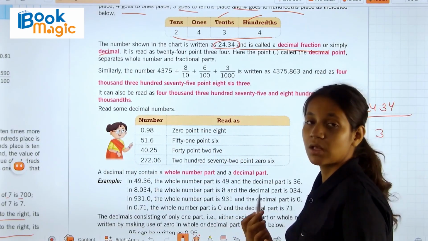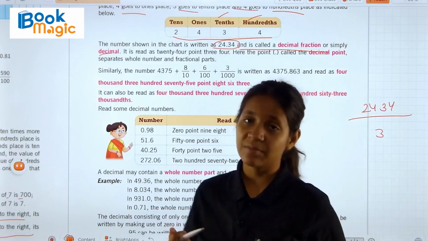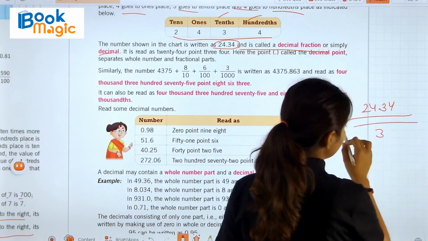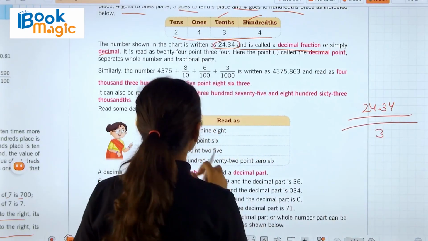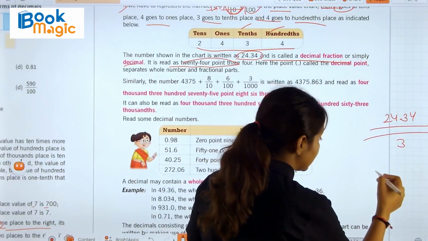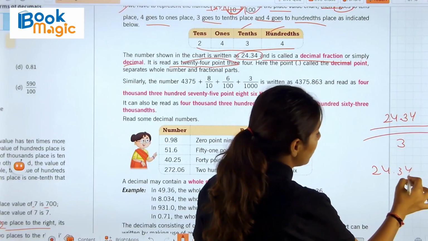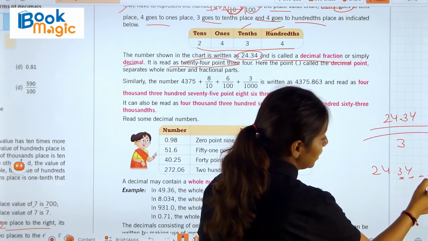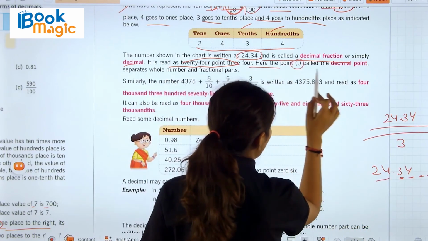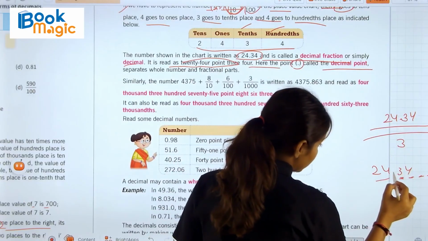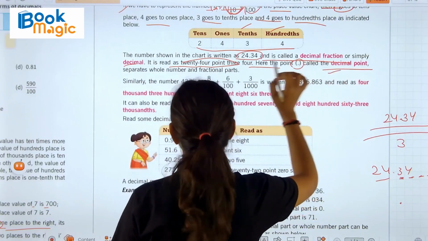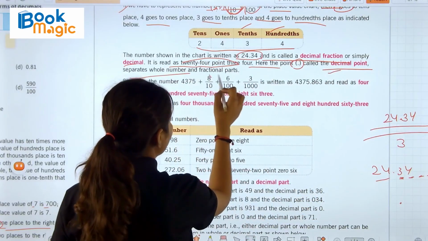Okay, so here it is being told that we will have this number, and the number that is formed, we will call it either a decimal or a decimal fraction. Okay, it is read as 24.34. How will we read it? 24.34. These are separate numbers and we can say them together. Here the point is called the decimal point, and this point is looking like a dot. Okay, so this dot is known as a decimal point which separates the whole number and the fractional part.